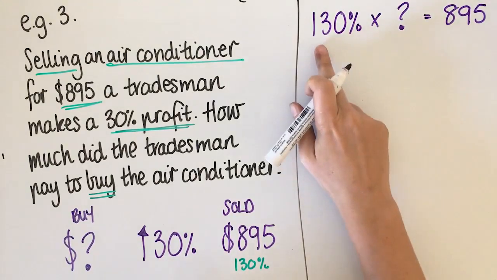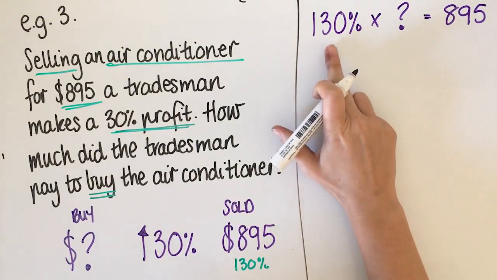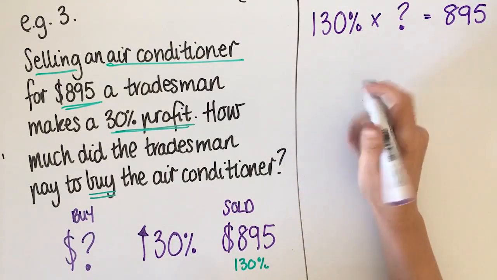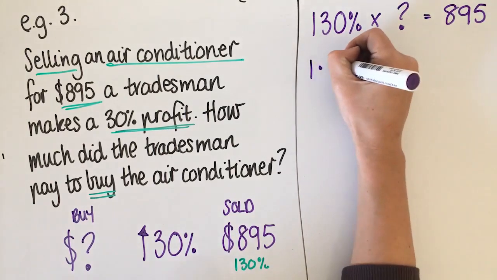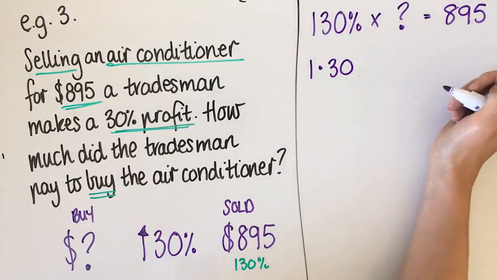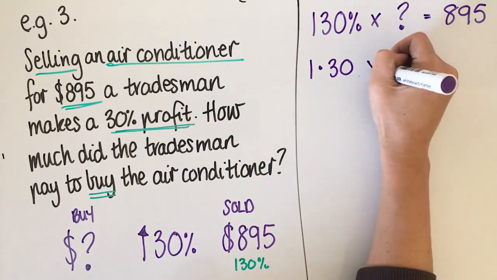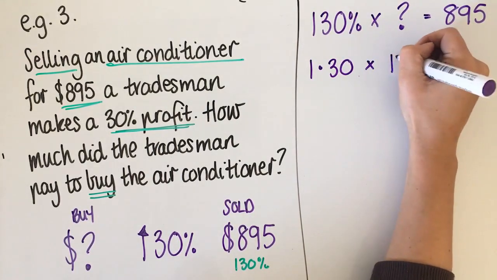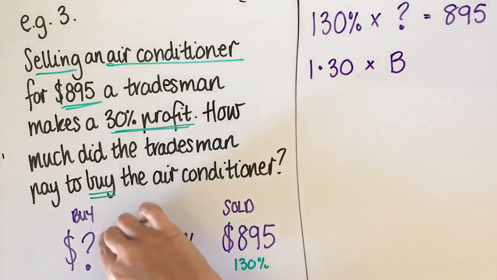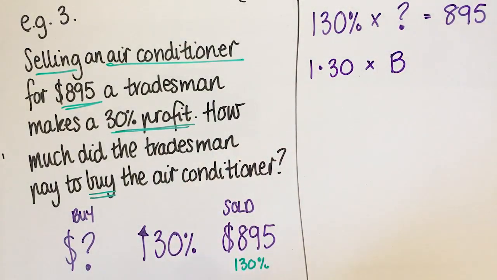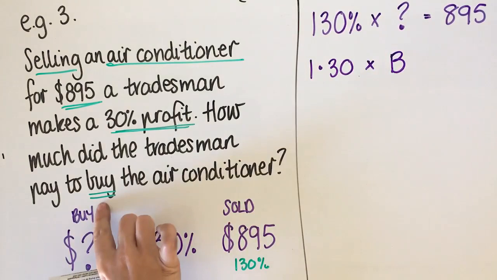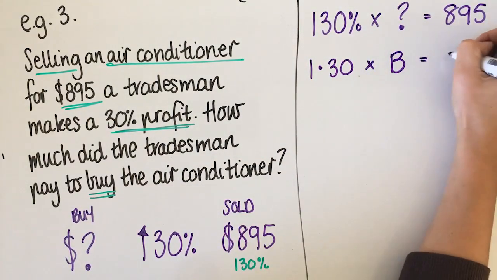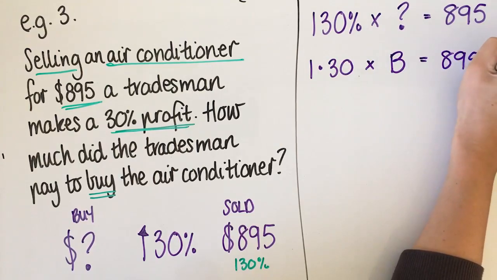To do this on the calculator, we need to change this to a decimal, which is 1.3. I can leave this as a question mark, but I'm going to call it B to explain what we bought it for. This is the buying price, because we're trying to find out how much he paid to buy it. And this stays as 895.